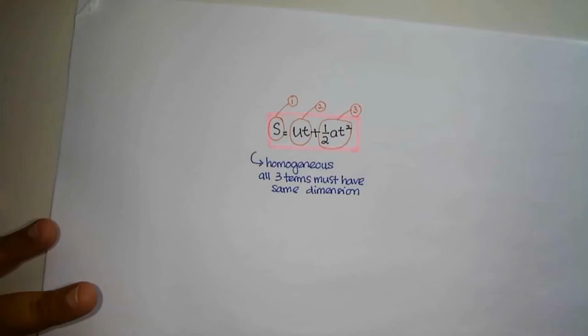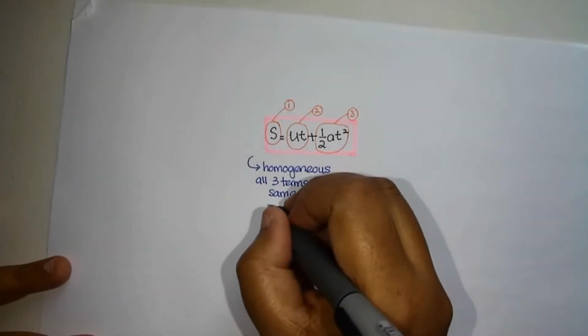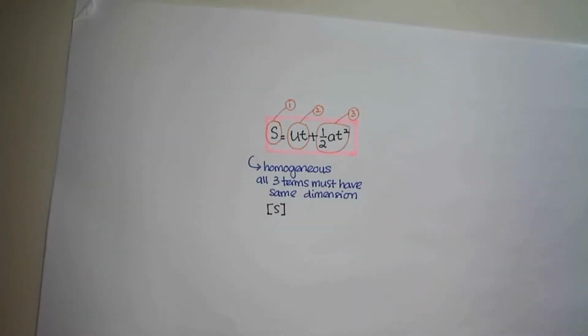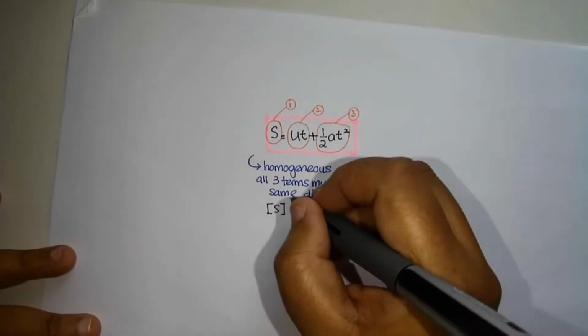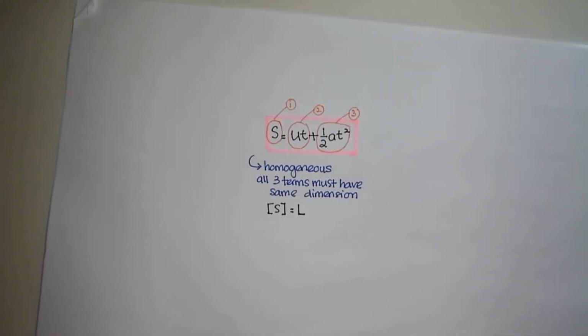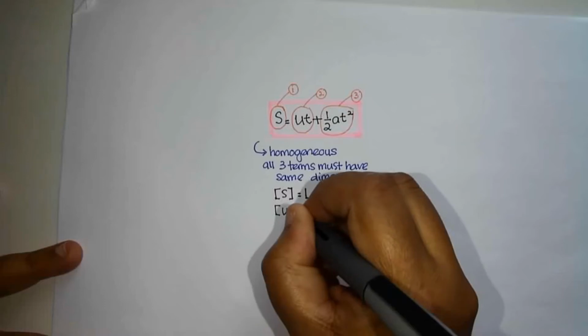Like for example, let's find them one by one. The dimension of s: s is a distance, so the dimension of s is L. Now the dimension of ut.